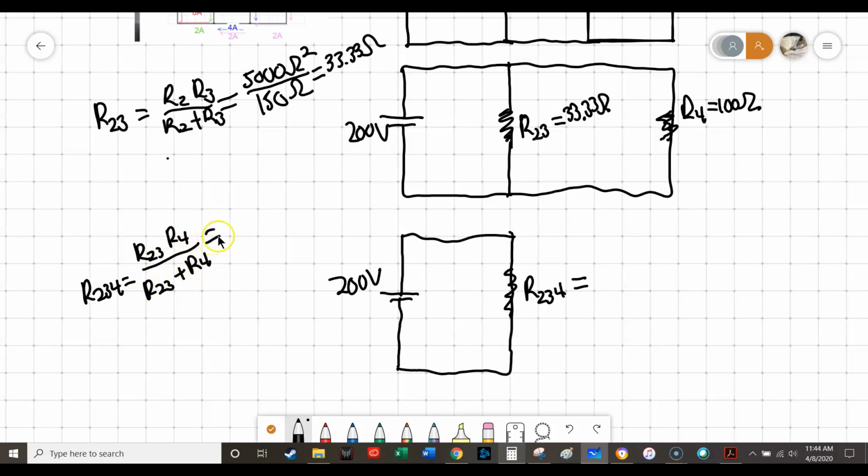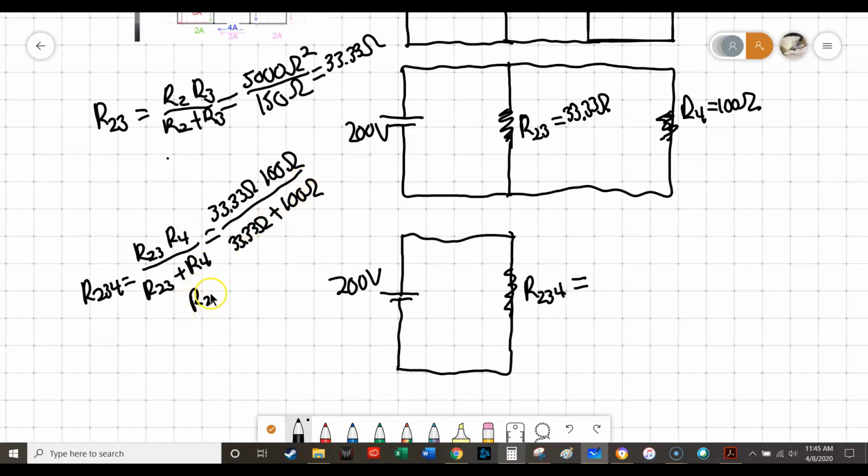So this is going to be 33.33 ohms times 100 ohms over 33.33 ohms plus 100 ohms.